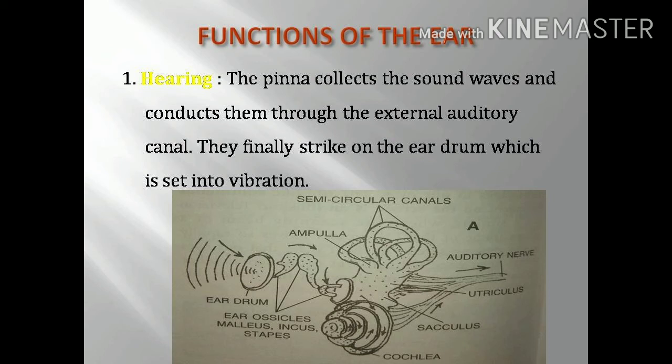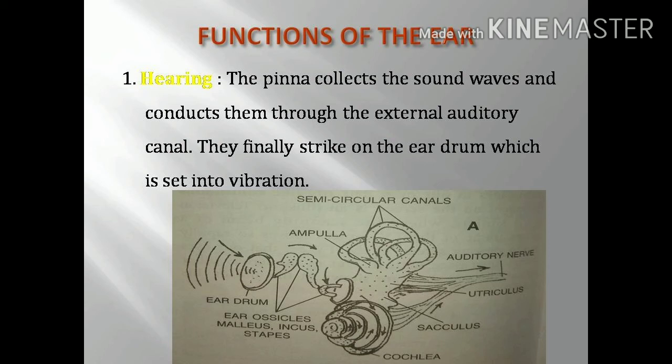These 3 bones are connected to each other, and the malleus bone is connected to the eardrum. The ear ossicles transmit vibrations from the eardrum to the denser fluid in the inner ear. That vibration then enters the fluid present in the inner ear region.